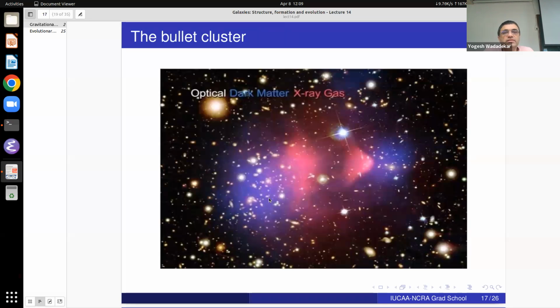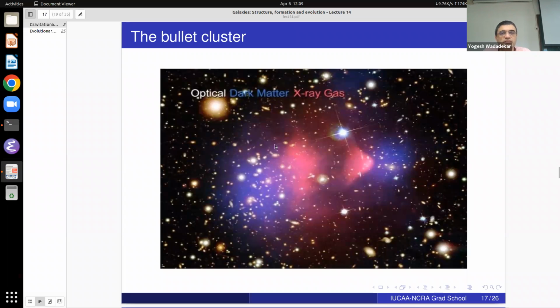So this is an image of something known as the bullet cluster. There is an image with the Hubble Space Telescope in the background, a multi-filter image. What is shown in red is the X-ray emitting gas. What has happened here is that there are 2 clusters.